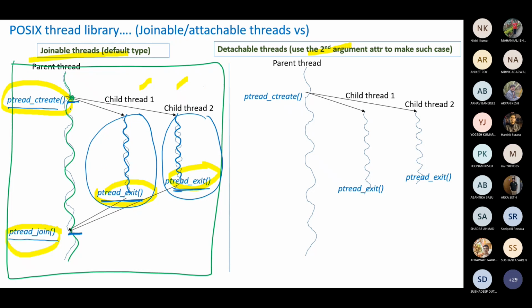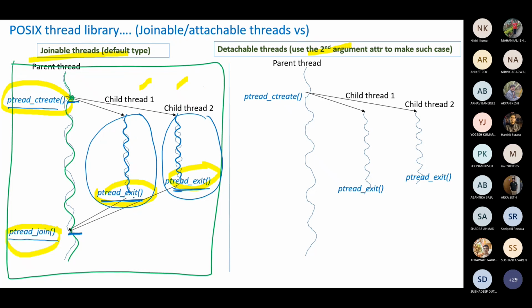So the parent thread was executing, it created and it executed, and at this point when it executes pthread_join, it will be in a blocking state, if by the time it has executed pthread_join none of the child threads has terminated, either normally by calling pthread_exit, or if the function returns, or if the function execution is complete, then also the thread will be terminated.